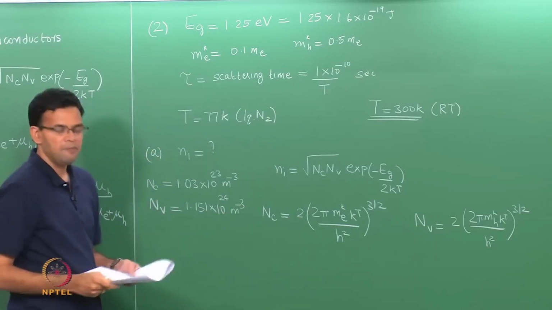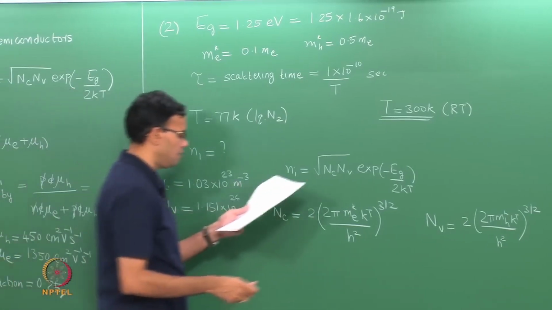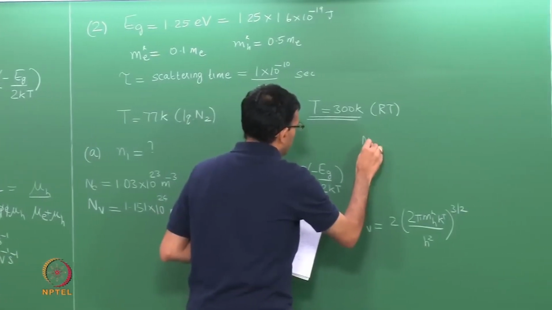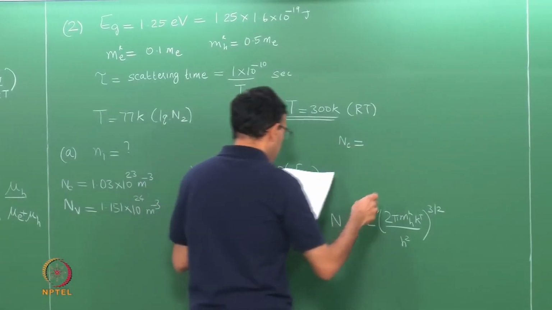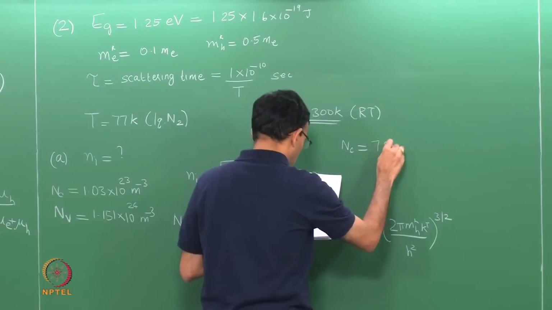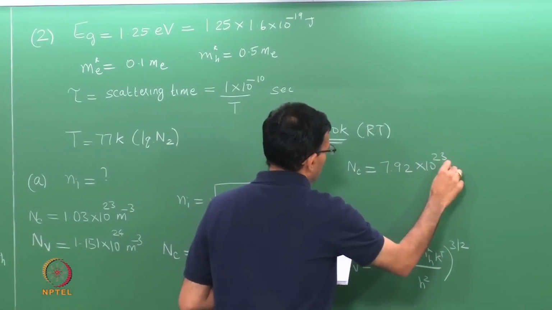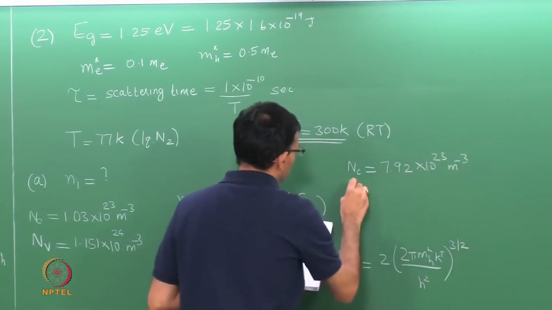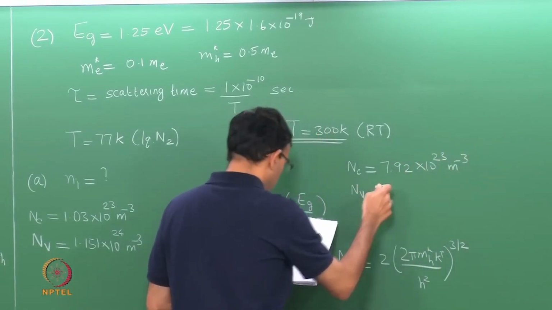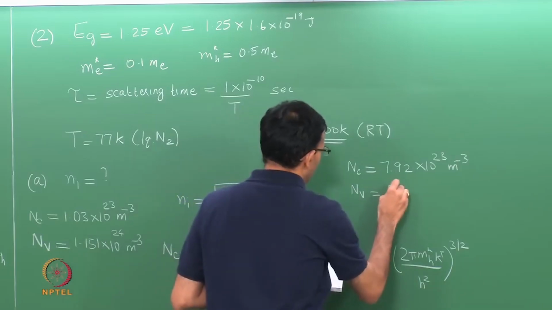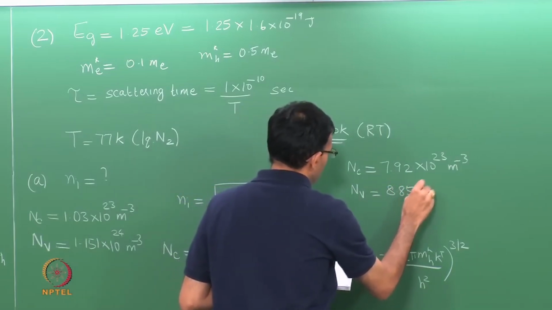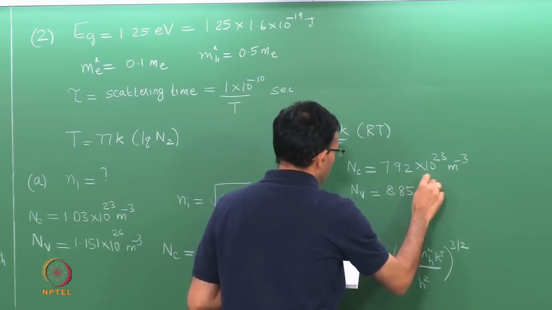We can do the same calculations for 300 Kelvin. I will again just write down the answers. So, Nc is higher, 7.92 times 10 to the 23, Nv is 8.85 times 10 to the 24 per meter cube.